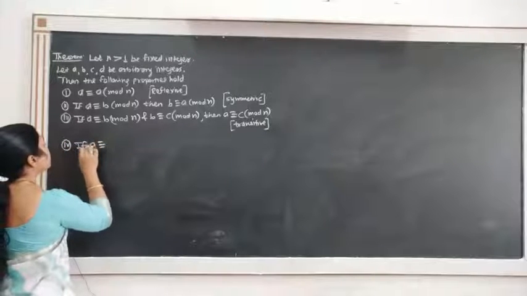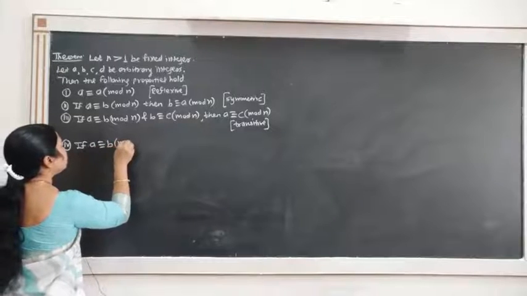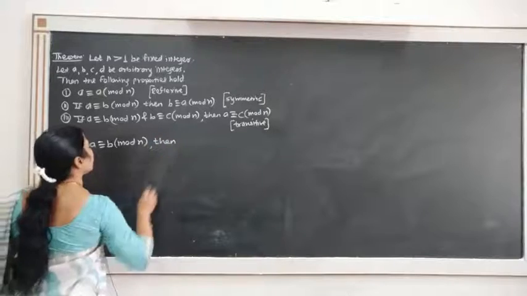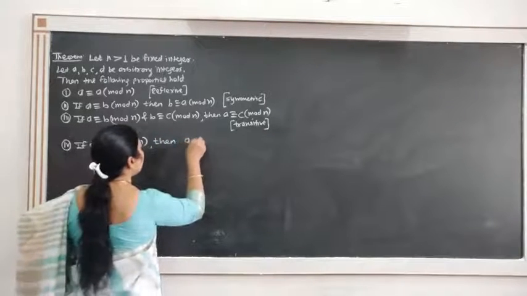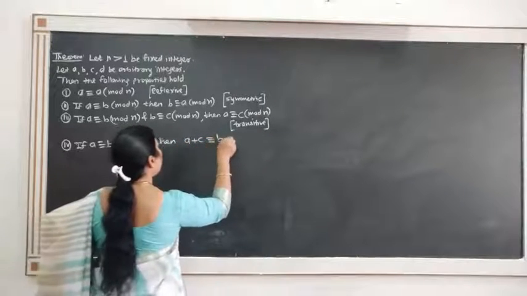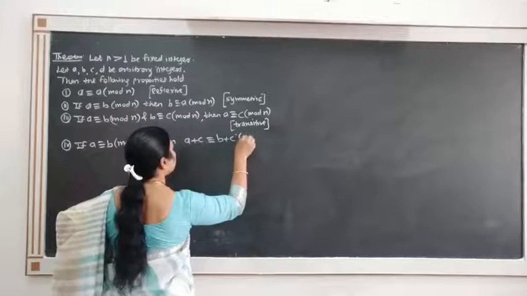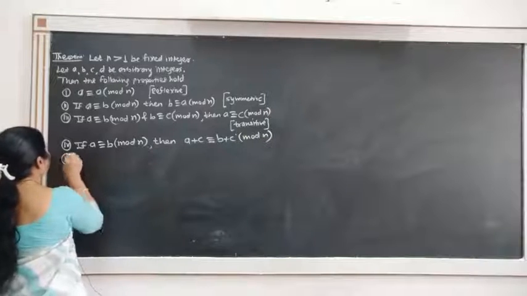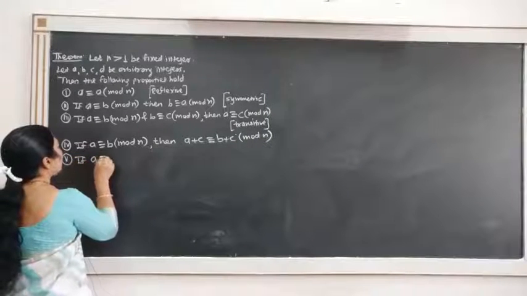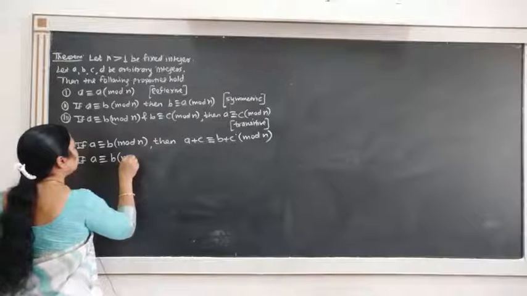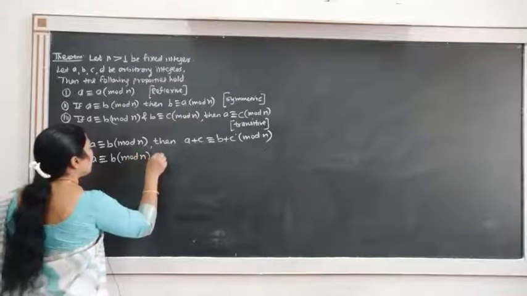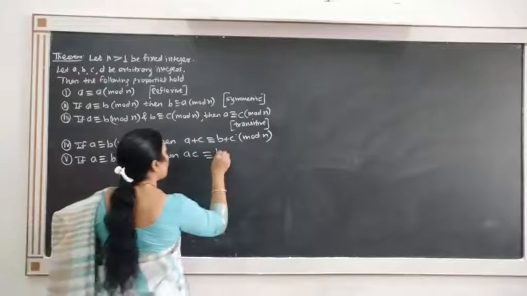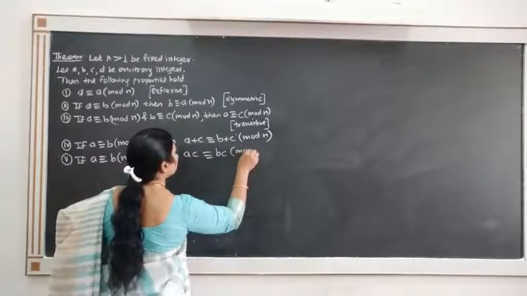If a is congruent to b mod n, then a plus c is congruent to b plus c mod n. If a is congruent to b mod n, then ac is congruent to bc mod n.